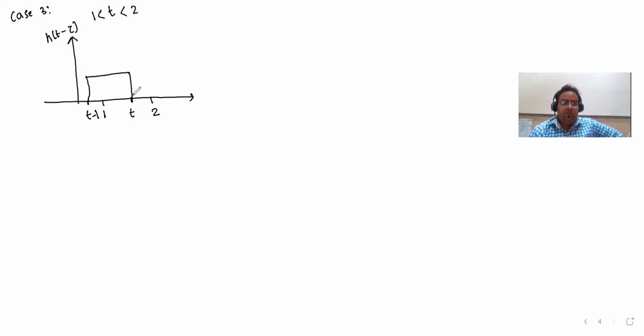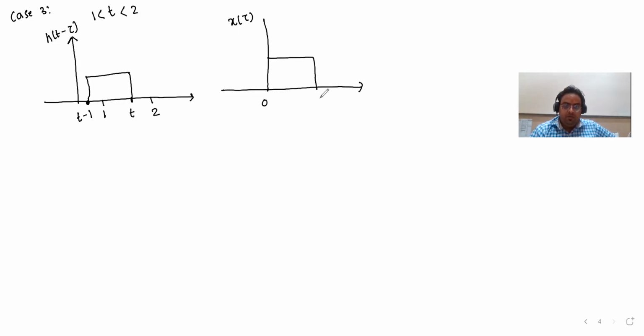So this is what we are having here. This point is t minus 1. And the second signal, that is our fixed one, x of tau, we know that it has a value from 0 to 2. We have 1 here.